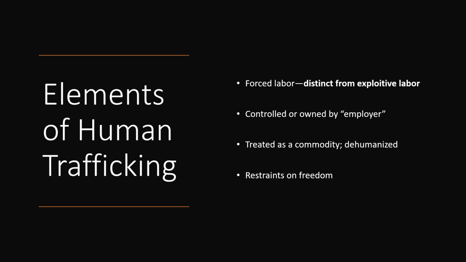So, what are some elements of human trafficking? The biggest element of human trafficking is forced labor. In trafficking, you are not free to leave, and you are the trafficker's property. So it's very distinct from exploitative labor. In exploitative labor, you're free to leave, but any money you make goes to someone else. You don't get to keep that money.